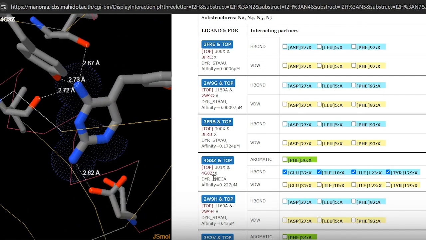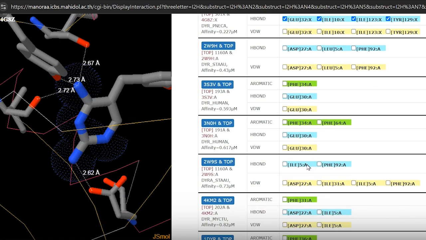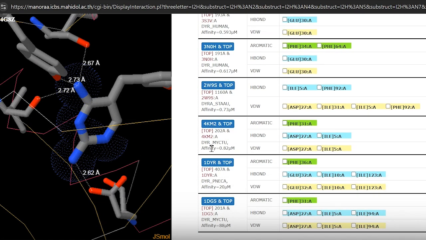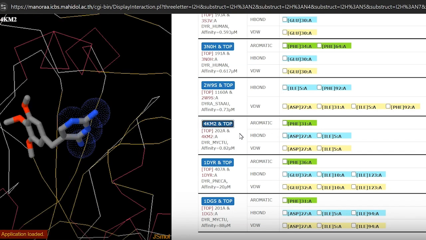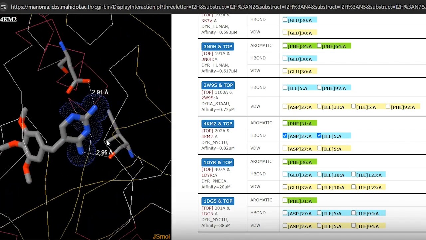So this one is bound quite tightly. And this one, which has only 2 hydrogen bonds, binds looser than the other one with 4 hydrogen bonds, for example.